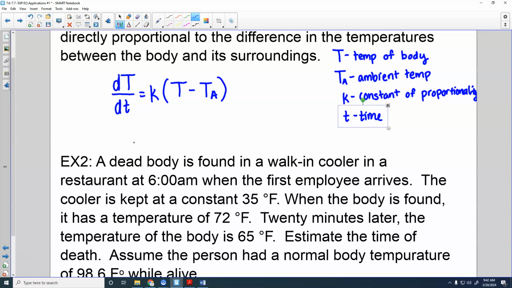But you can also use Newton's law of cooling to find when your pizza rolls are going to be at the perfect eating temperature. Or you can be like Daniel Bautista and be a man and eat them as soon as they come out of the oven and just go ahead and scald your mouth.